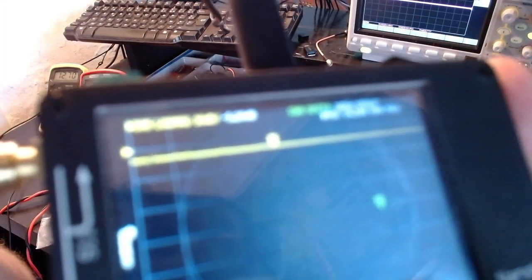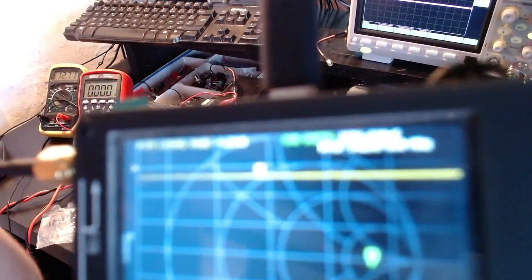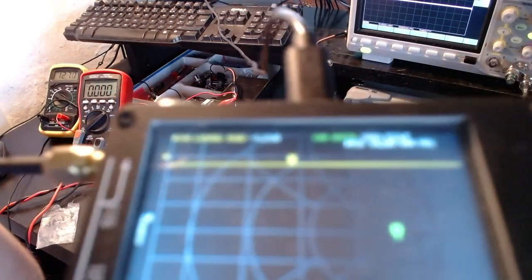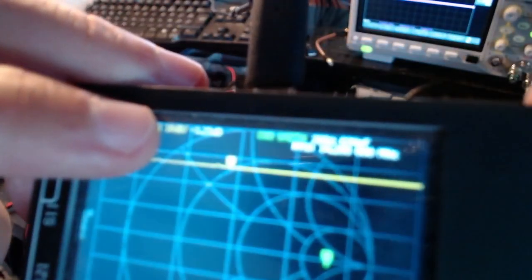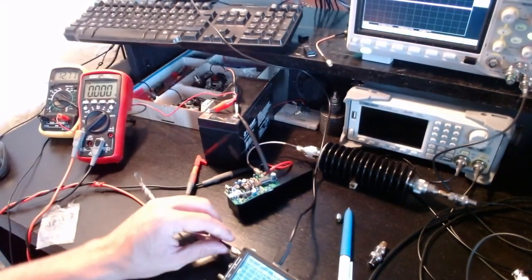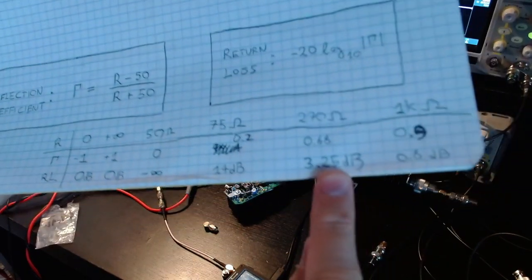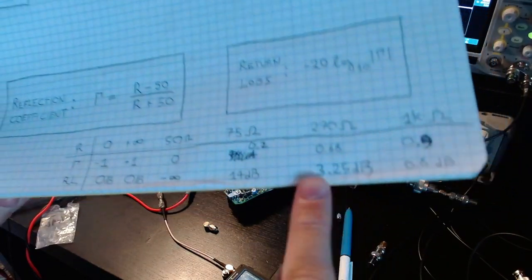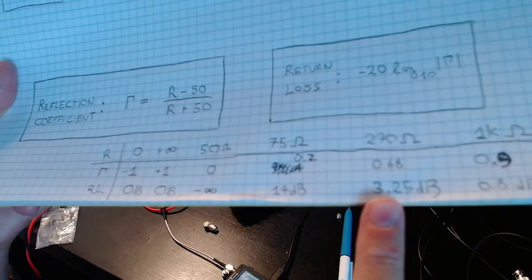Sorry, this camera is not really good at focusing, but believe me, it says minus 3.2. Anyway, this is again incredibly close to the theory: 3.22 here, and the theory predicted 3.25.